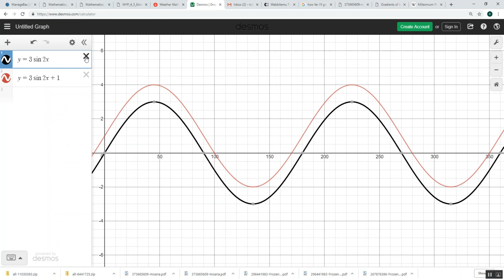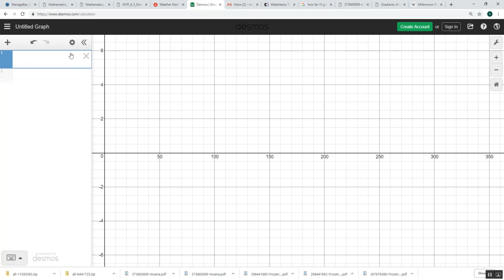Desmos. Equals. Read it out. 2x squared plus 2 root 6x plus 3.